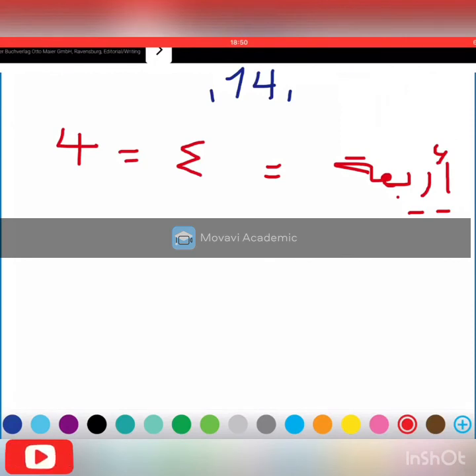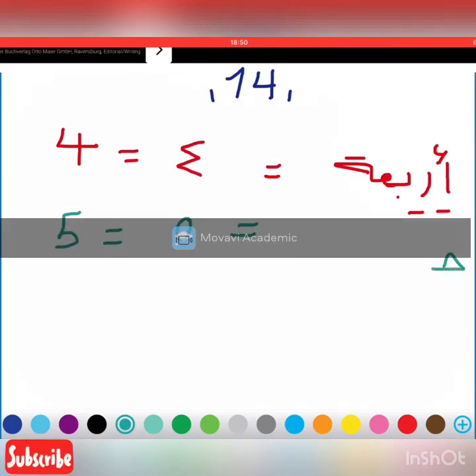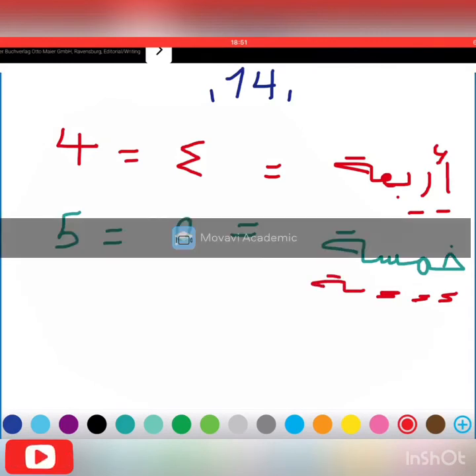And now we will take 5. خمسة. This is kha in the beginning. خم, meem in the middle, خمس, seen in the middle, and ta marbuta. خمسة.